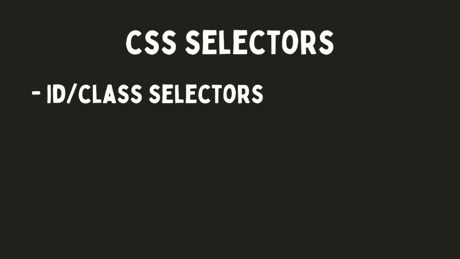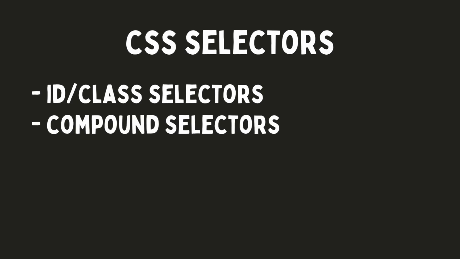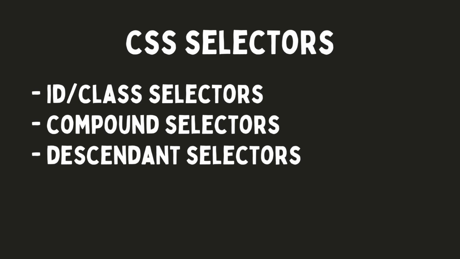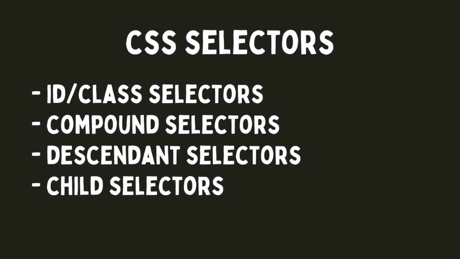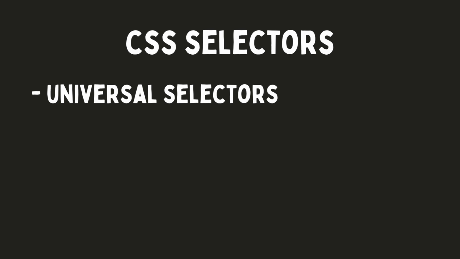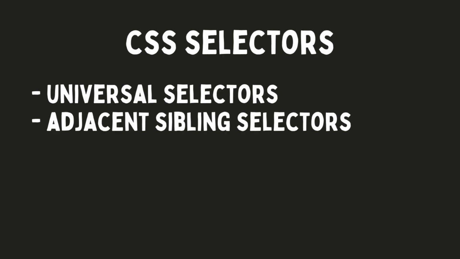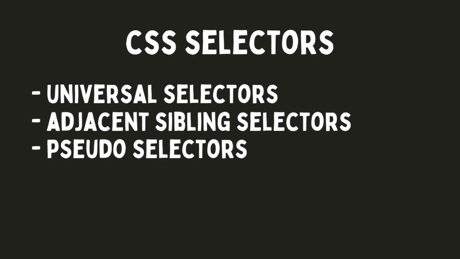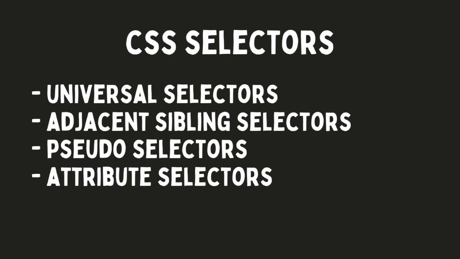Here are a few CSS selectors that can target elements on a HTML page. ID and class selectors, compound selectors, descendant selectors, child selectors, general sibling selectors, universal selectors, adjacent sibling selectors, pseudo selectors, and attribute selectors.